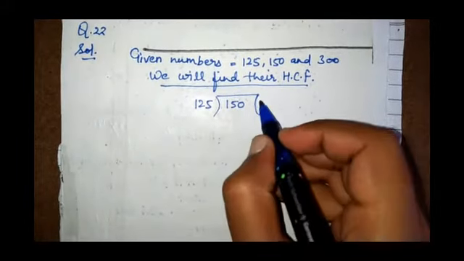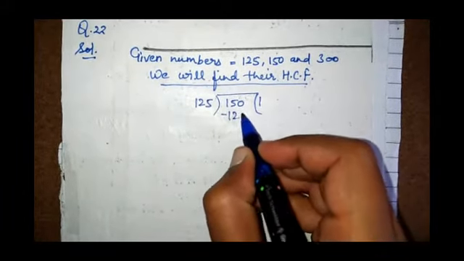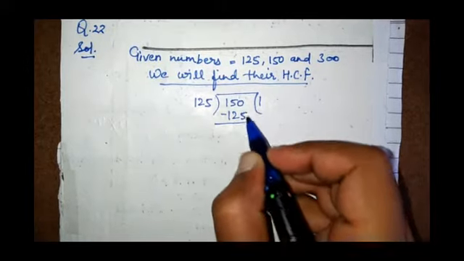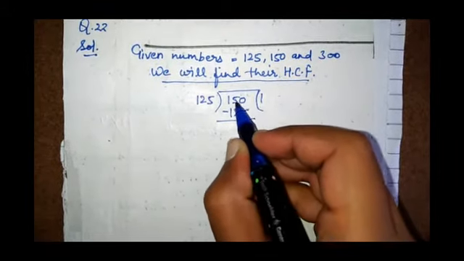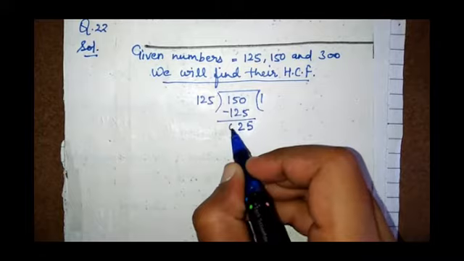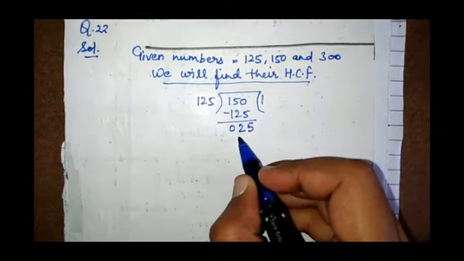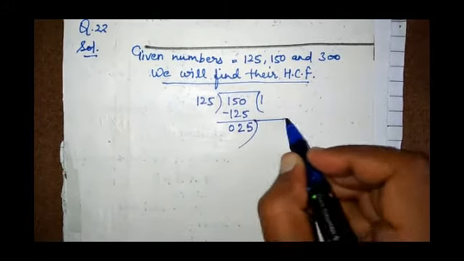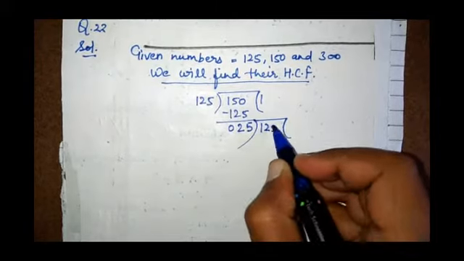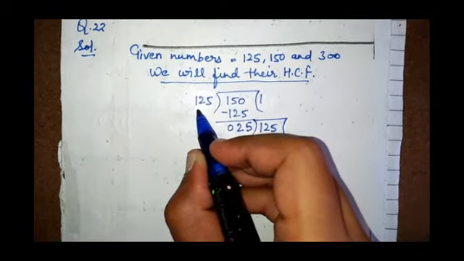It will be divided 1 time, 125. 10 minus 5, 5, 4 minus 2, 2 and 0. Now 25 is the remainder, so this will become the divisor and the dividend will be 125, the previous divisor.